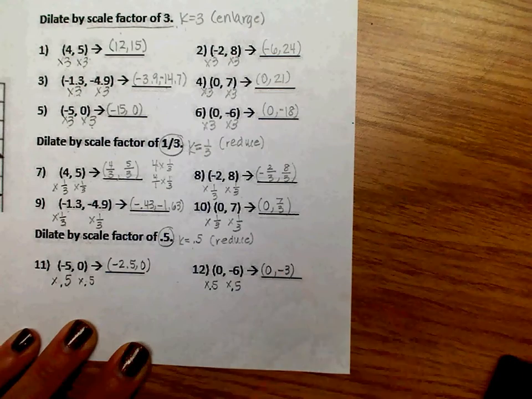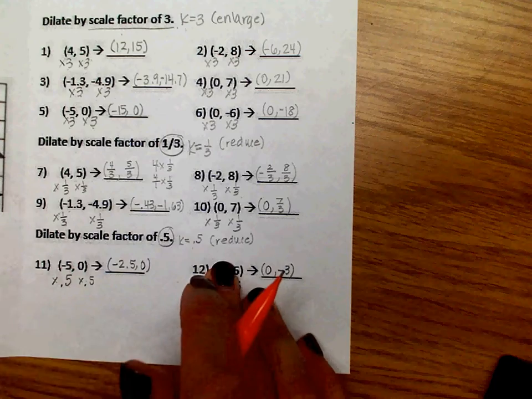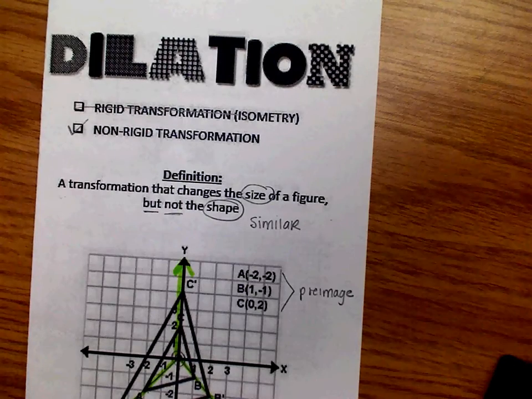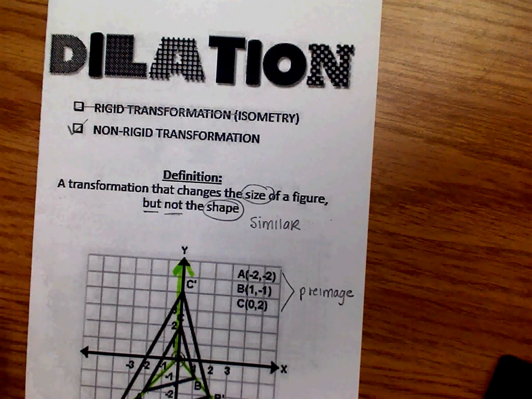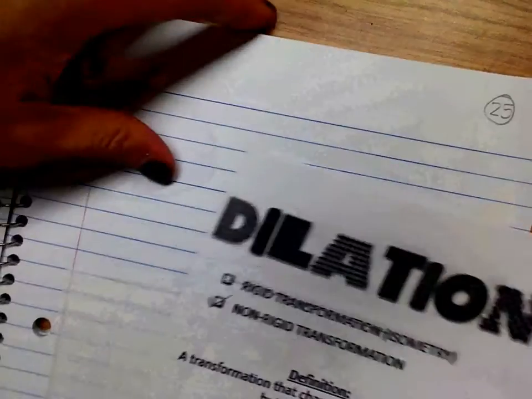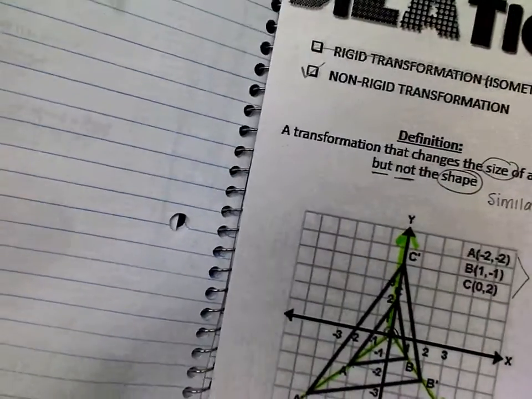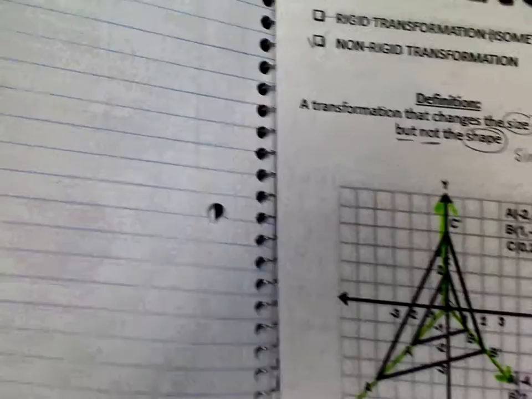And now you can paste this into your notebook. Let me double check what page this is. You get to be a little bit ahead of the class now. It's going to be page 26, because the other classes have not had a chance to paste it in yet. So if you're doing this at home, then you will be ready. One less thing to have to do during class.